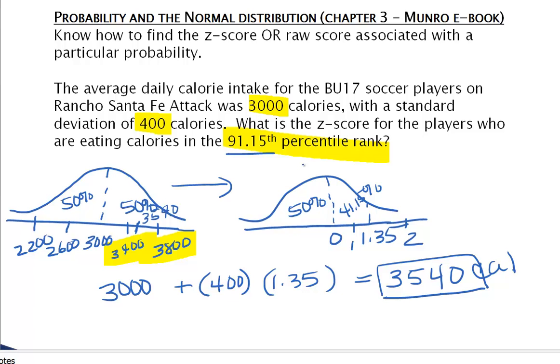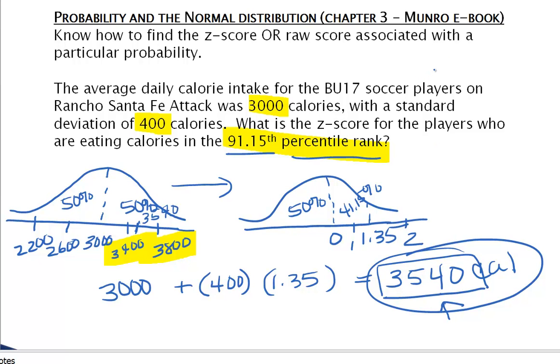So all we did was find the particular data point, which was this, and then we also found the z-score for a specific percentile rank. So if a problem is talking about percentile rank or a particular data point, this one would have asked, how many calories are they eating in the 91.15 percentile rank, and that would have been this.